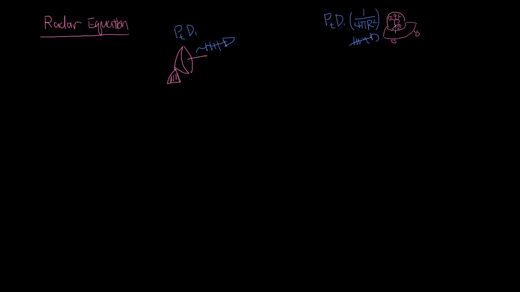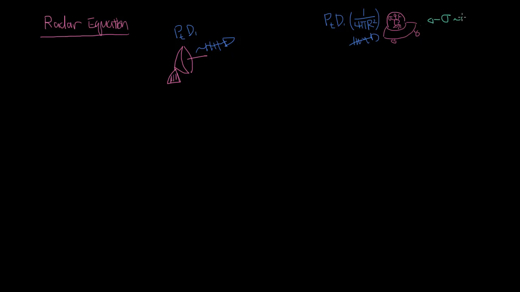Now we're going to define a new term, which is the radar cross-section. The radar cross-section is basically how big the target looks to that particular electromagnetic wave. We often use the character sigma to describe that, conveniently, since that's also the character we often use for conductivity.